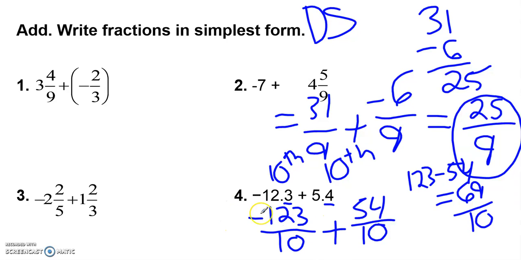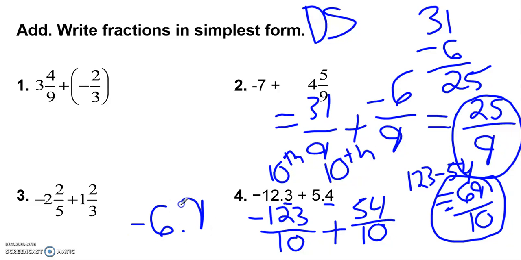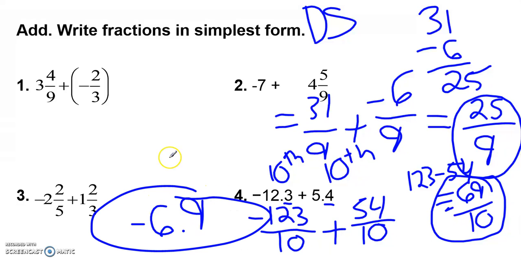The larger in this case is a negative. So it's negative 69 over 10. This would be a correct answer. However, since the question was given in decimal form, we should probably write the answer in decimal form. So our answer is actually negative 6.9. And we're good. So please do the rest of these on your own.